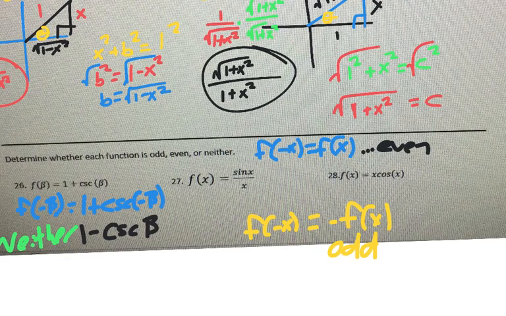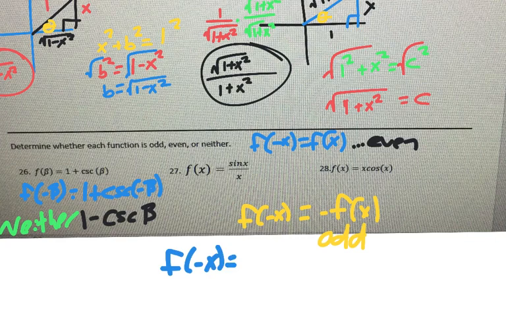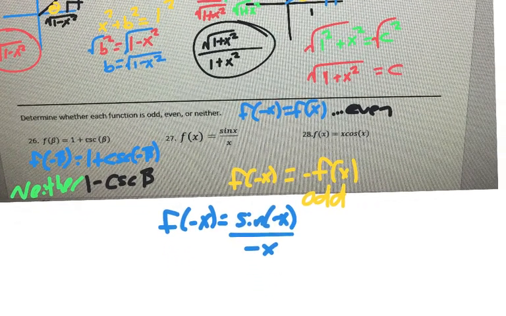27, I've got f of x equals sine x over x. So again, to determine if this is even or odd, I'm going to plug in a negative variable, negative x. That's going to give me sine of negative x divided by negative x. Now use your even-odd identities. A negative in the argument of sine comes out front as a negative.